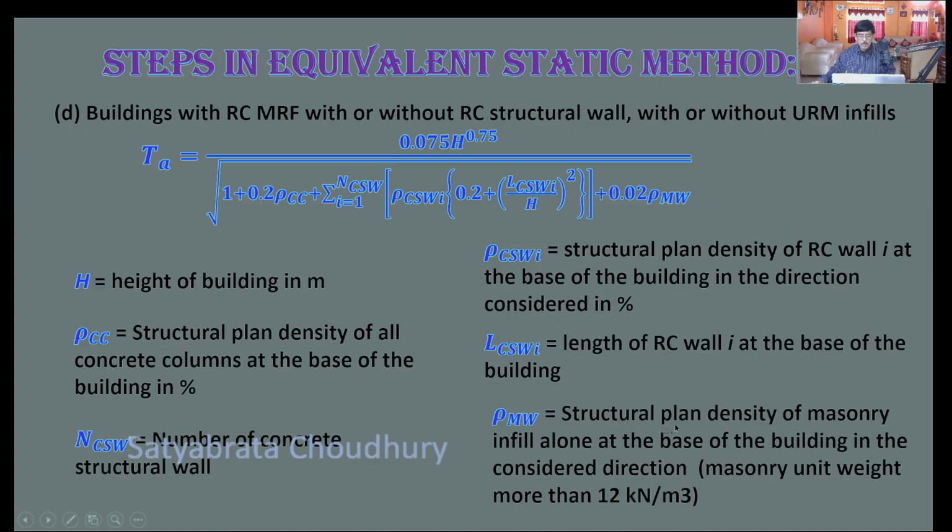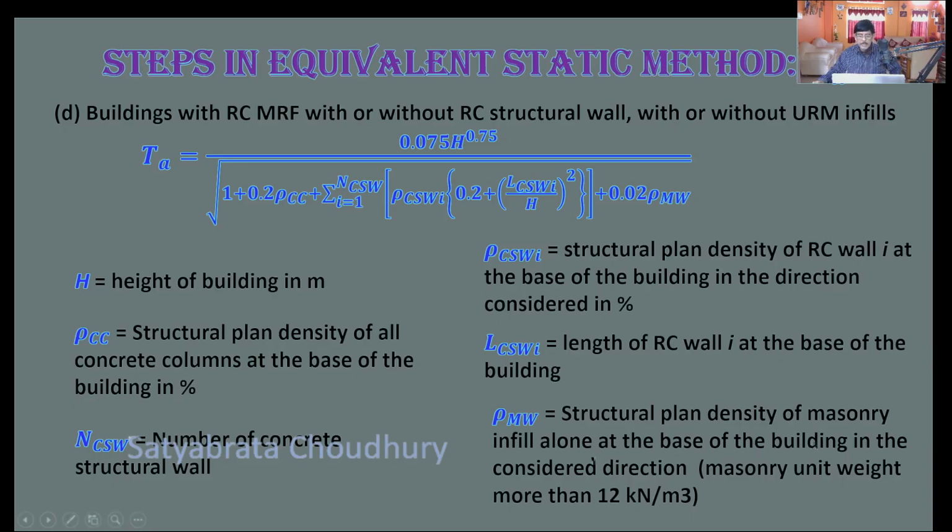Rho MW is the structural plane density of the masonry infill alone at the base of the building in the considered direction. The masonry unit weight should be more than 12 kilonewton per meter cube to use this value, otherwise you cannot use it. So in a particular direction you have many infill walls; you find the cross-sectional dimension of all the walls and add up.